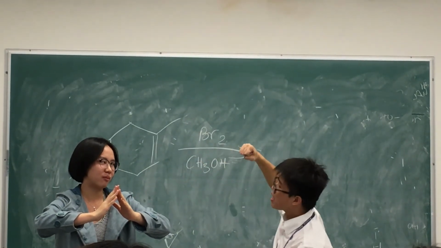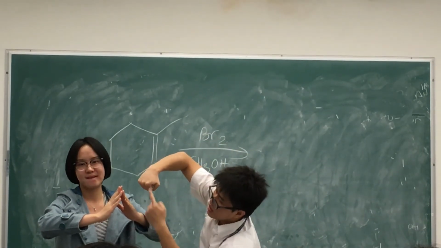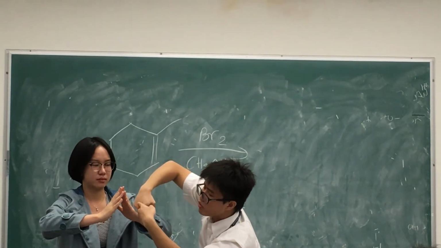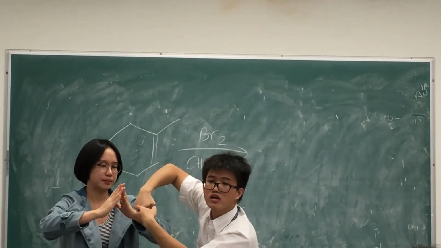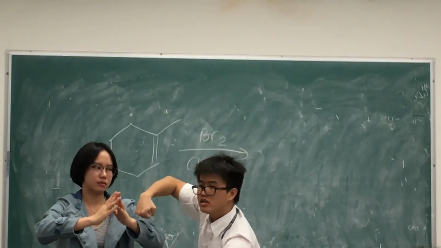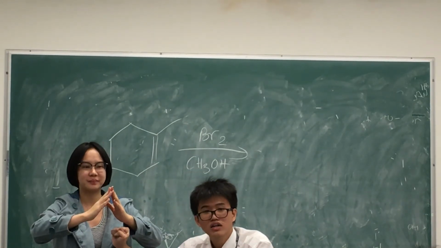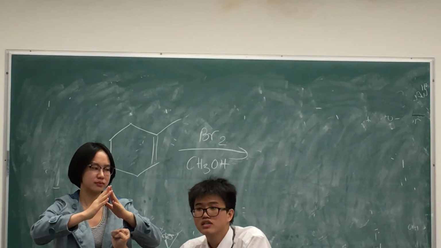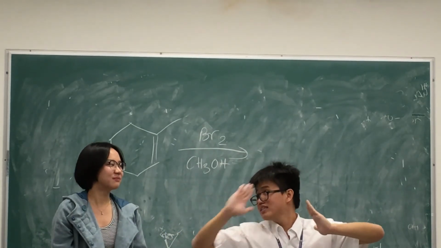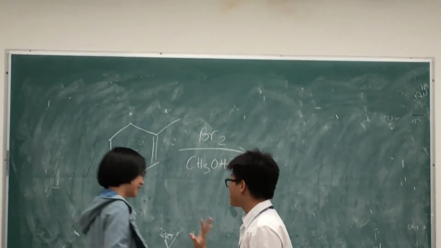If I come from the top, look at this one, this is an electron cloud, and this also has an electron cloud. These two are really close to each other. When two electron clouds are close to each other, we call this steric hindrance. But if I come from the back, see? Much less steric hindrance. So that's the reason why the attack is from the back. You will never forget it, right?